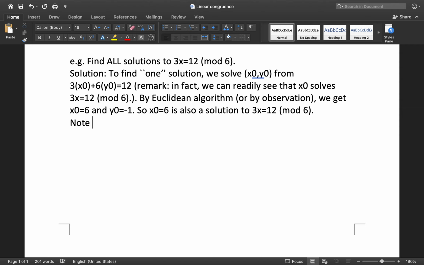Then notice that you can take x equal to x0 plus 6 divided by 3 times k.